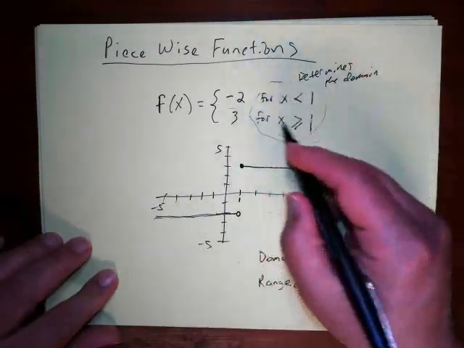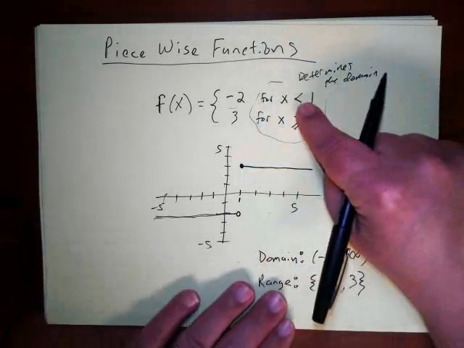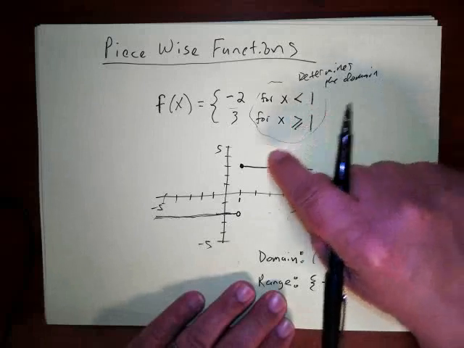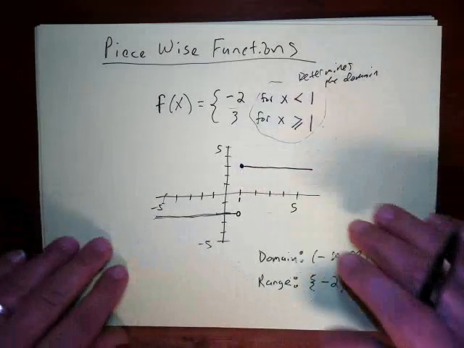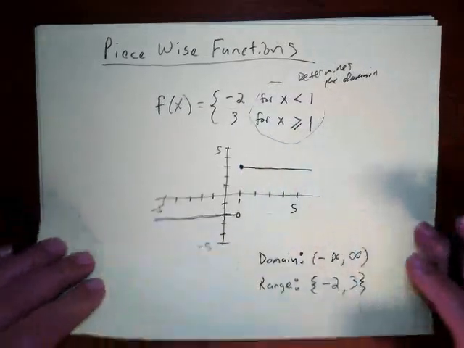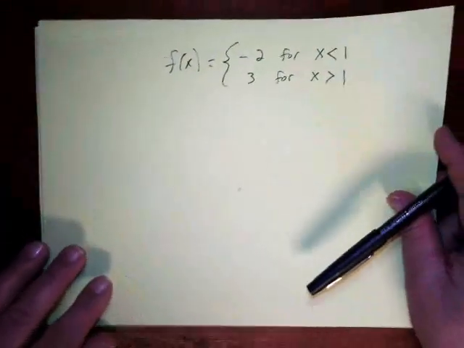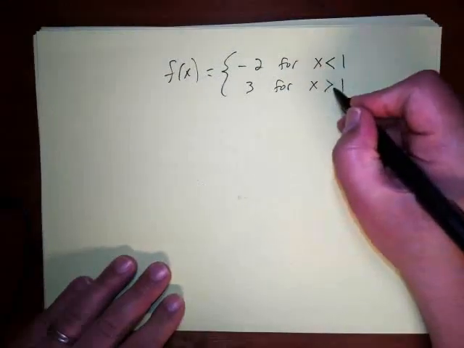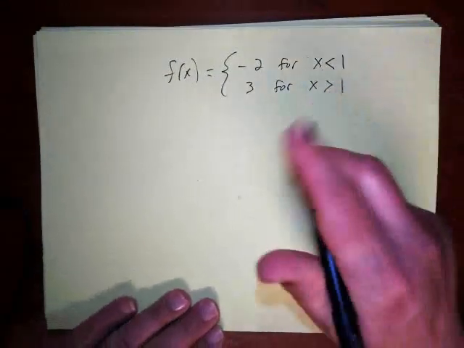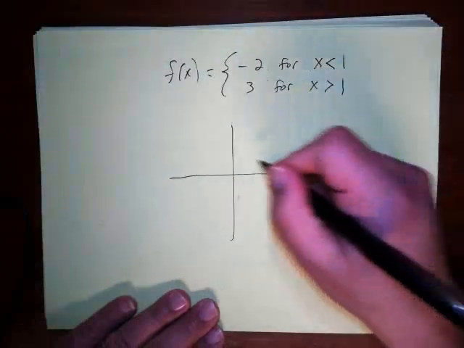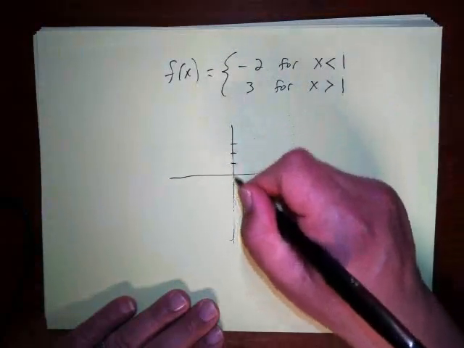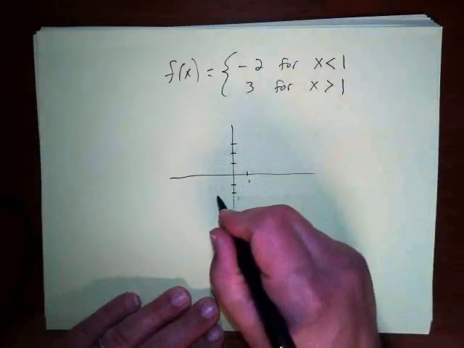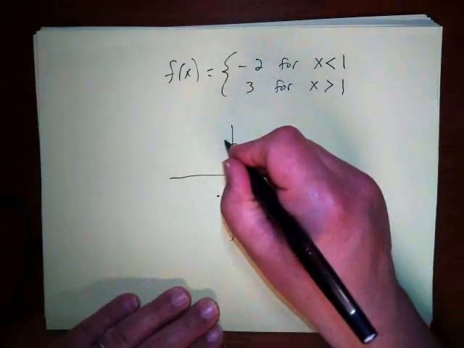Now, the domain's going to be determined by this. Notice if this was strictly less than, but this was strictly greater than, then this would have been an open circle, and the domain wouldn't have been all real numbers. So let me give you an example of that. This is the exact same function, except I don't have the line underneath the greater than sign here. So just to speed things up, here's 1, and here's -2, here's 3.